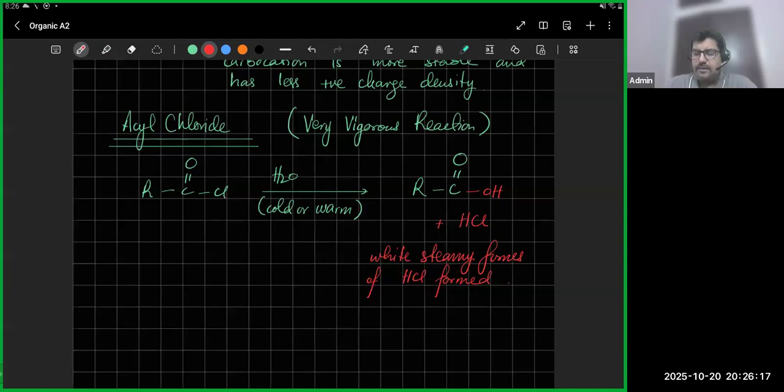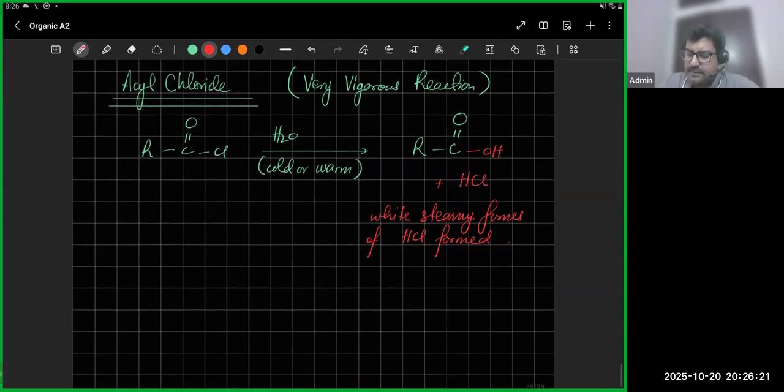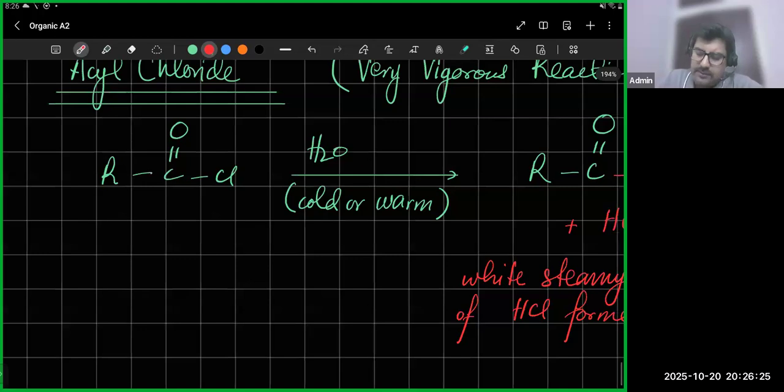The reaction of acyl chloride. Now the question is, why is it so vigorous? That's one of the questions. And the answer is pretty simple. The carbon over here has a very, very strong partial positive charge. Why does it have a very, very strong partial positive charge? Well, because it's bonded to two very electronegative atoms.